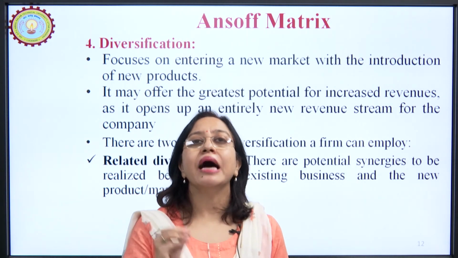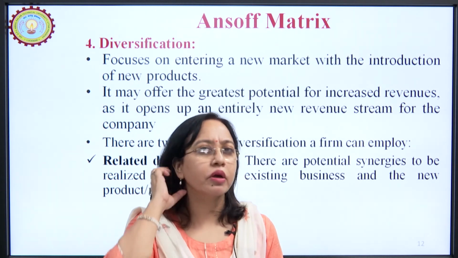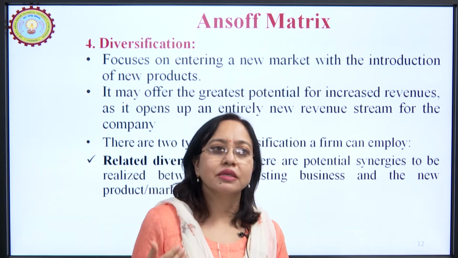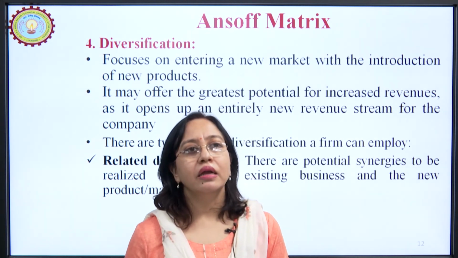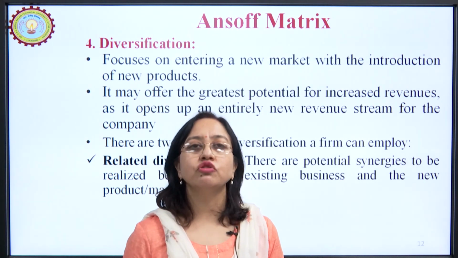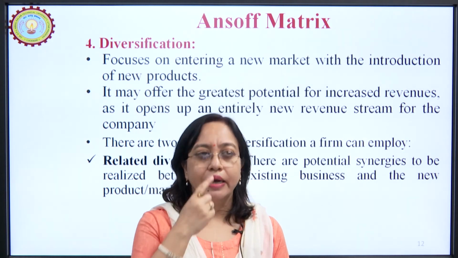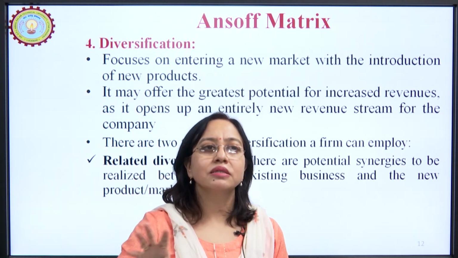That is a diversification, but it is a related diversification, because at least the need which it is catering to is almost the same, that is the hygiene of the teeth, and the distribution channels which need to be employed are also almost the same. Yes, of course, the technology used for production will be different, but at least in some parts it is the same.